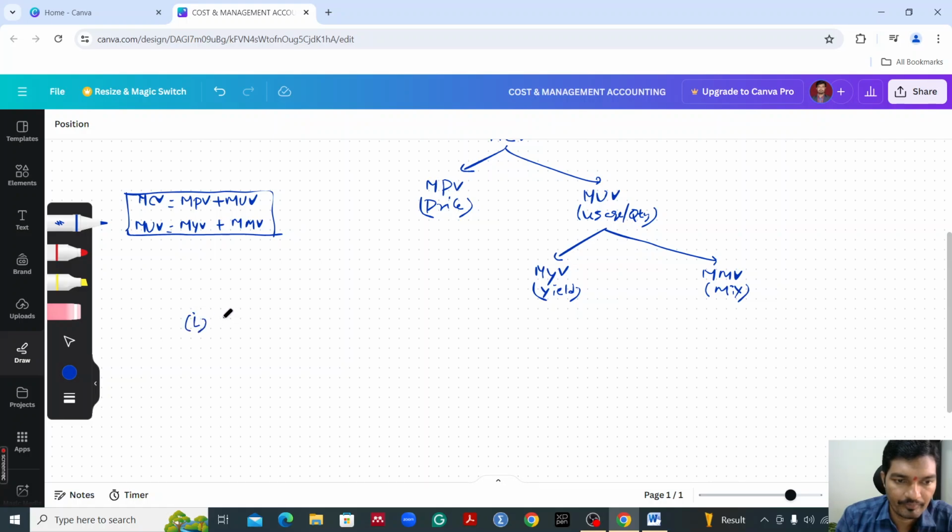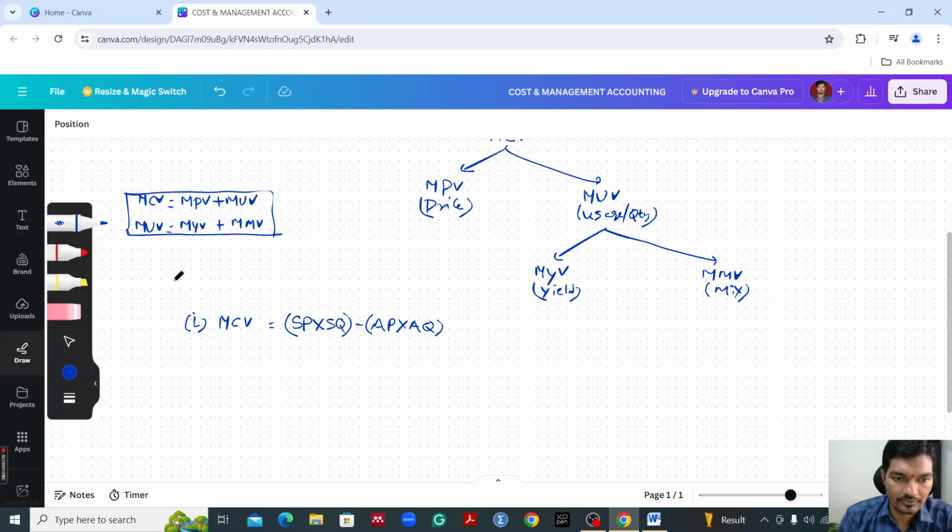So first one, material cost variance. The formula to calculate the material cost variance: first we will take standard price into standard quantity minus actual price into actual quantity.